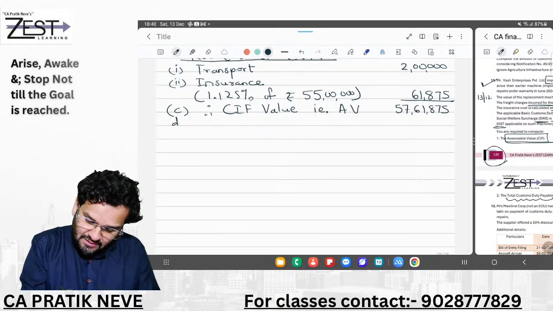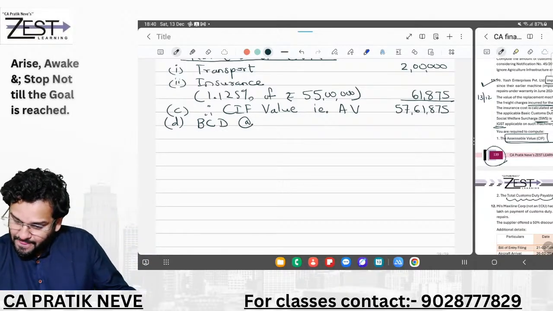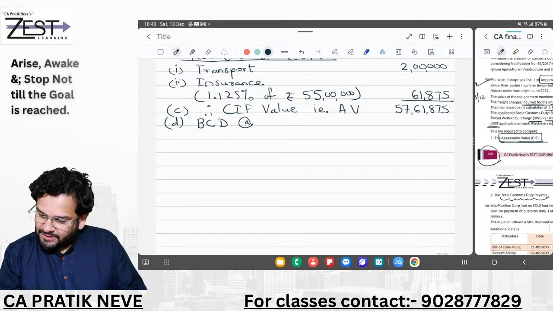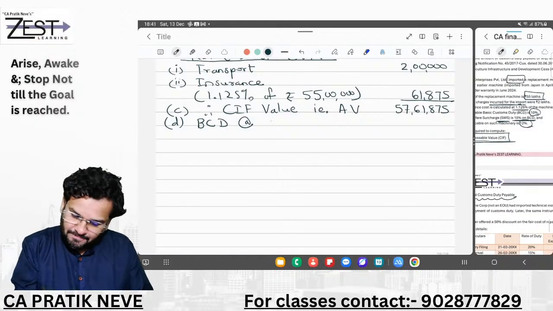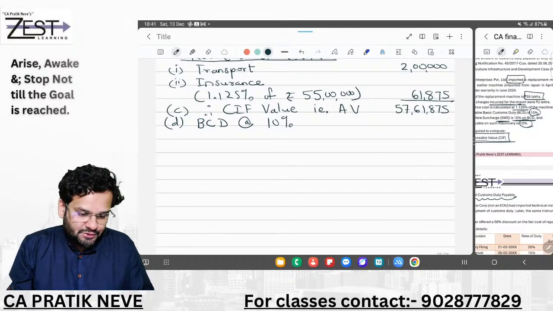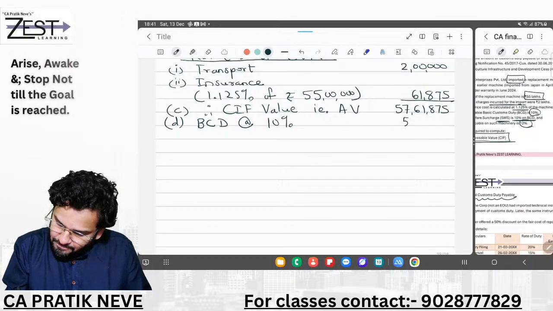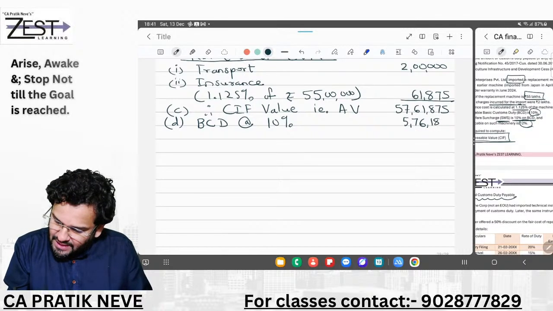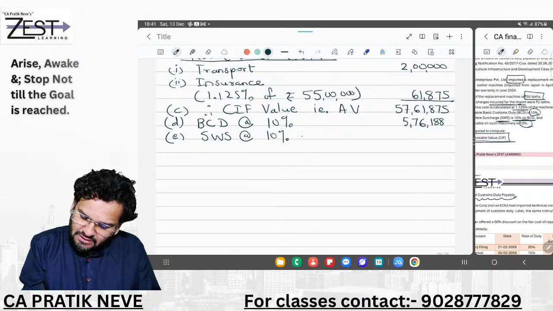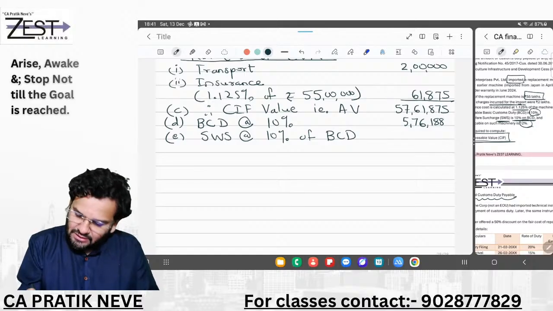Now starts basic custom duty at 10%. BCD is at 10%. So you can round off, friends. It is 5 lakh 76,188. Then you will do SWS at 10% of basic custom duty.